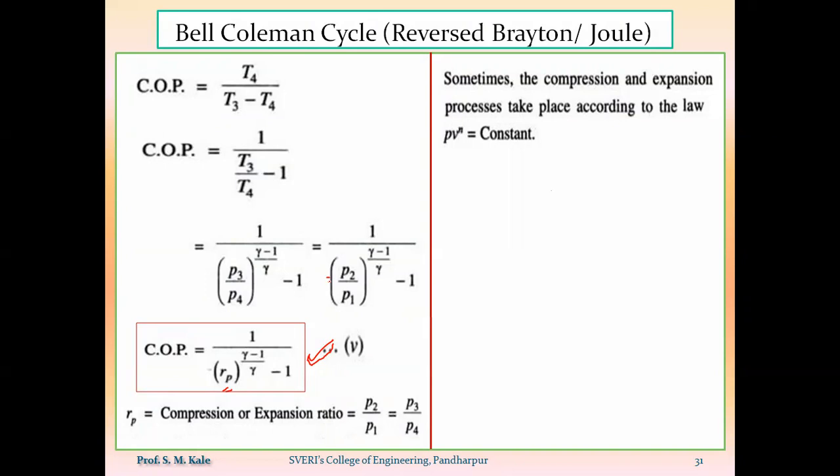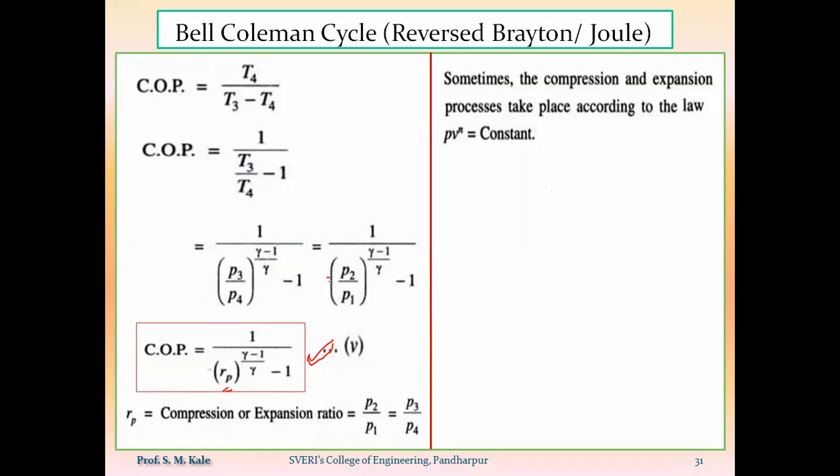So when in the problem they say that either compression or expansion or both the processes occur according to the polytropic law, PV raised to n is equal to constant, then the value of COP will be calculated by using another method, because the earlier process will not be applicable.